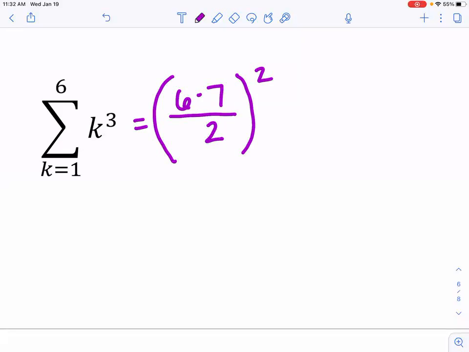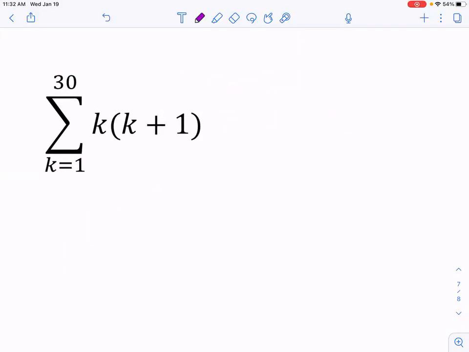What's 3 times 7? We have 21 squared. I would rather divide with smaller numbers, like 6 divided by 2 as opposed to 42 divided by 2. You're right.